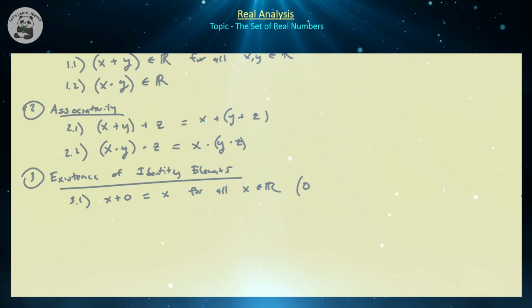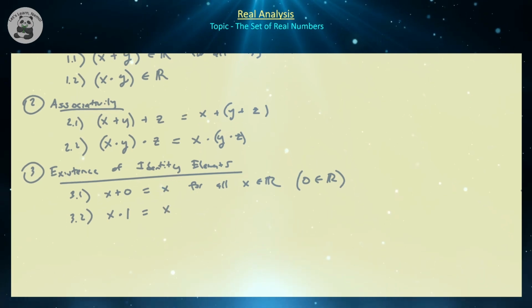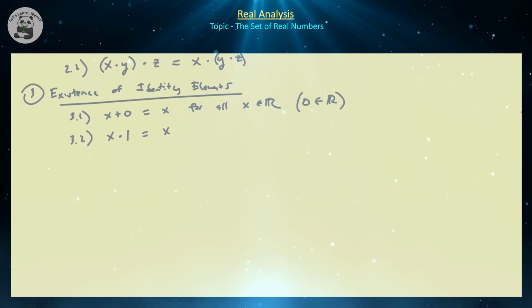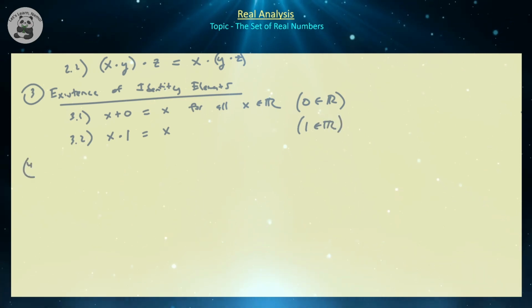It's very important to note that 0 also is in this set. And also there exists an identity element for multiplication, which we often abbreviate as 1, and x times 1 will be equal to x, again true for all real numbers x, and again it's useful to note that 1 also is a real number.